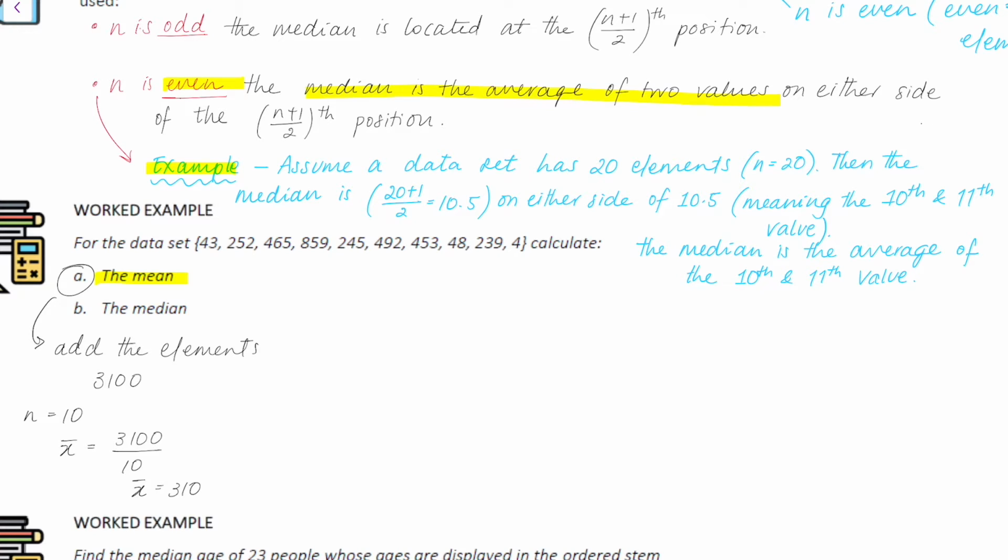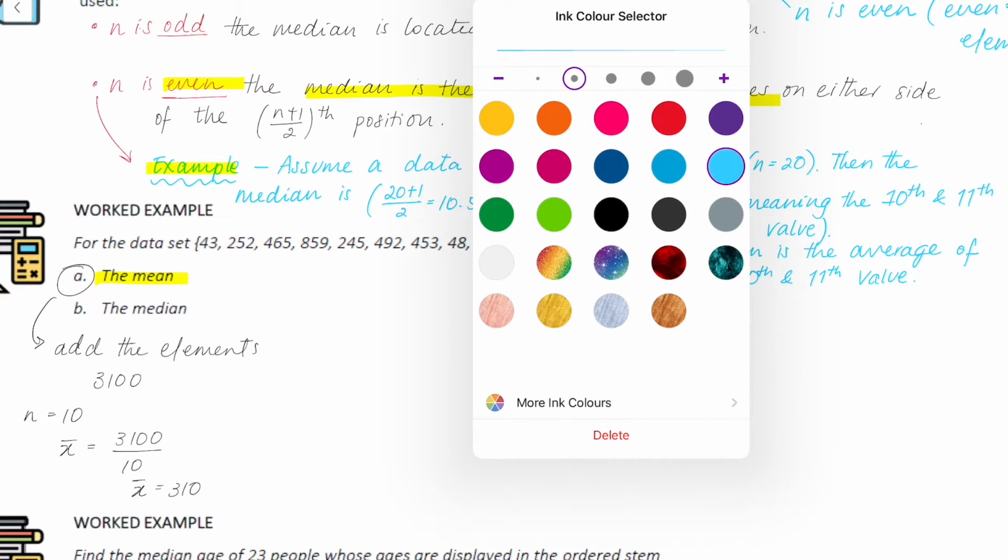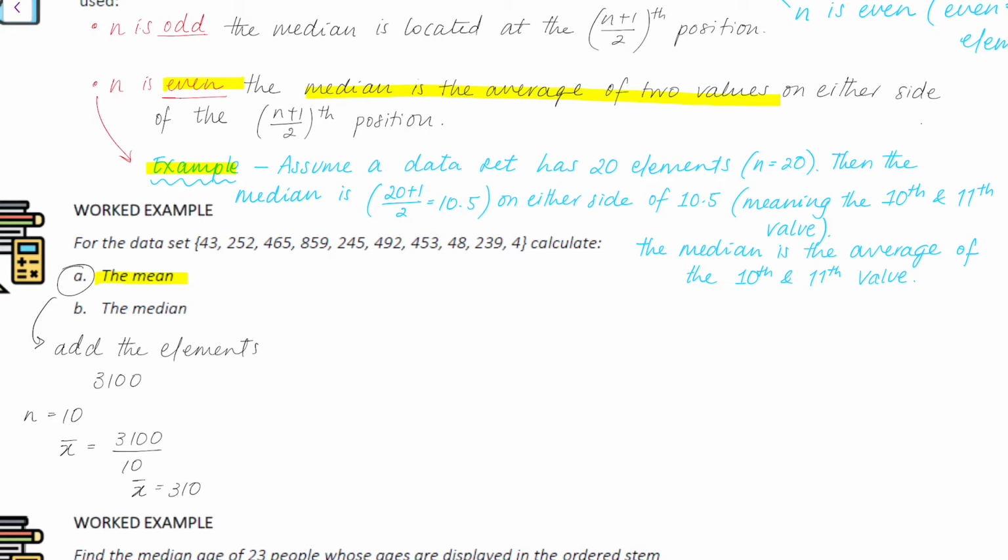The one that requires a little bit more work is the median. So I'll just do the median in a different color just to differentiate the answers. So then we have the median.